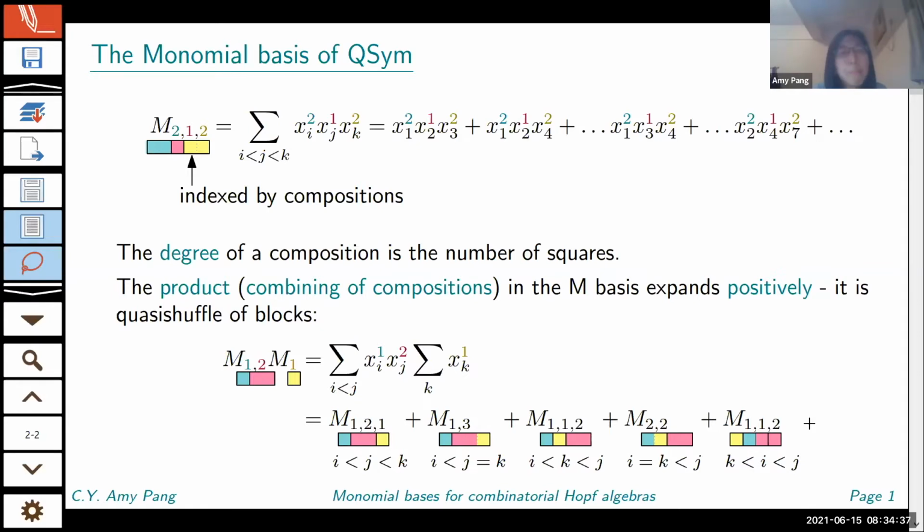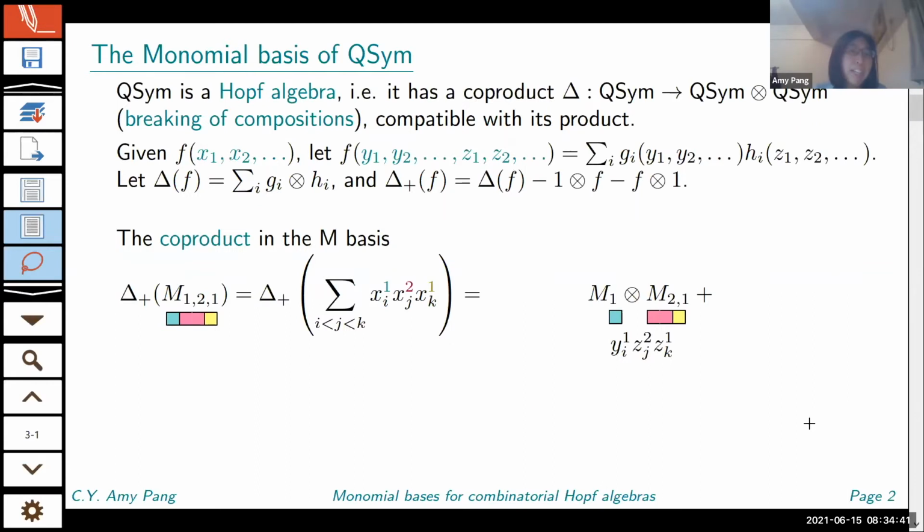Okay, so that's the products, but I'm more interested actually in the co-product. So QSym is a Hopf algebra, meaning that in addition to the product, there is a compatible operation called the co-product. You can think of it as: I have a composition diagram, and the output of the coproduct is the sum of all legal ways of breaking up this diagram.